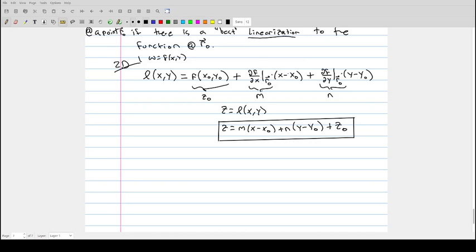So we can use this, and we'll see how, to define an approximation of a function.